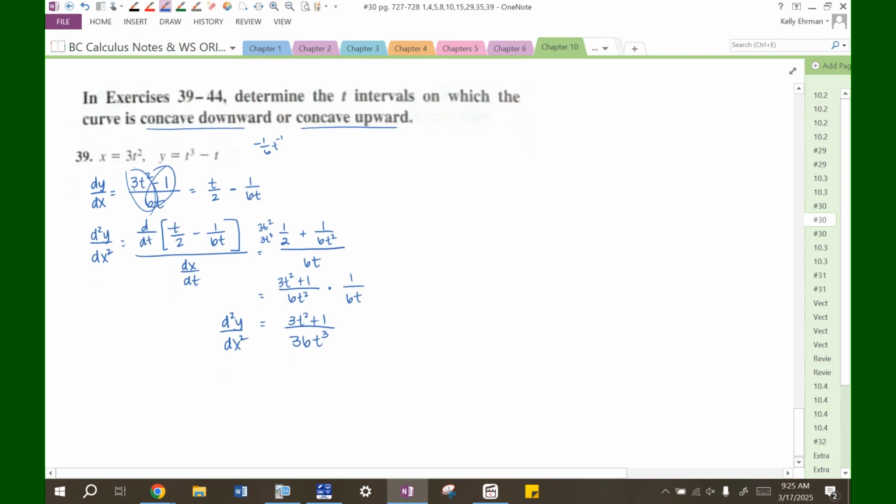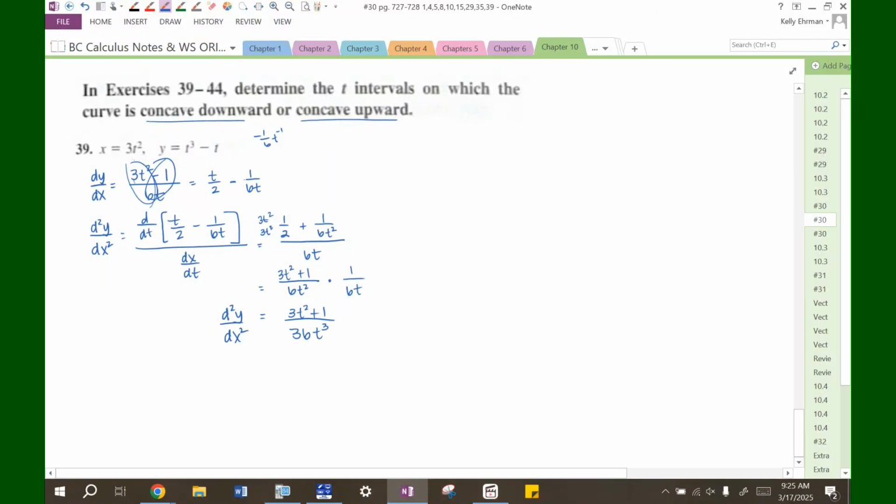All right, now what about concavity? So we need to get our possible inflection points, which are places where the second derivative equals 0 or is undefined. Now 3t squared plus 1 is never equal to 0 unless you're going to work with imaginaries, so we get nothing from there. 36t cubed is equal to 0 when t equals 0.